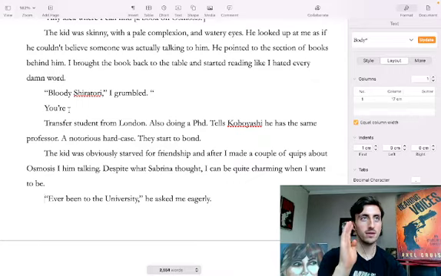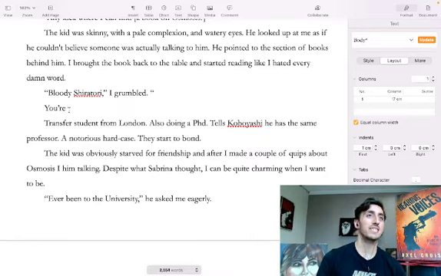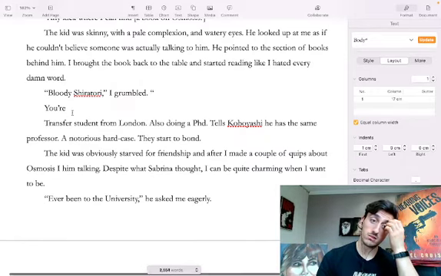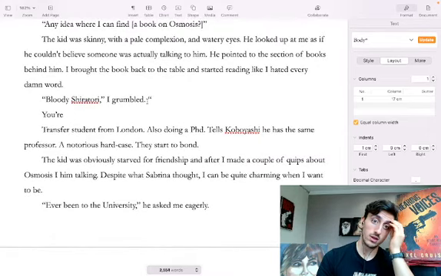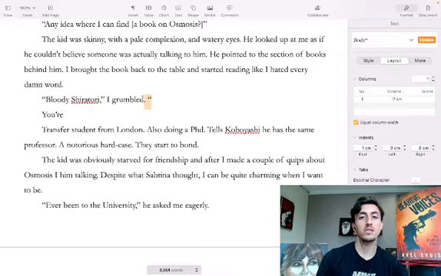She needs to have been constantly in the story throughout, and then the reader goes, oh wow. It's more believable, it's more acceptable when you do that. So, "bloody Shiratori," I grumbled, and immediately got the kid's attention.